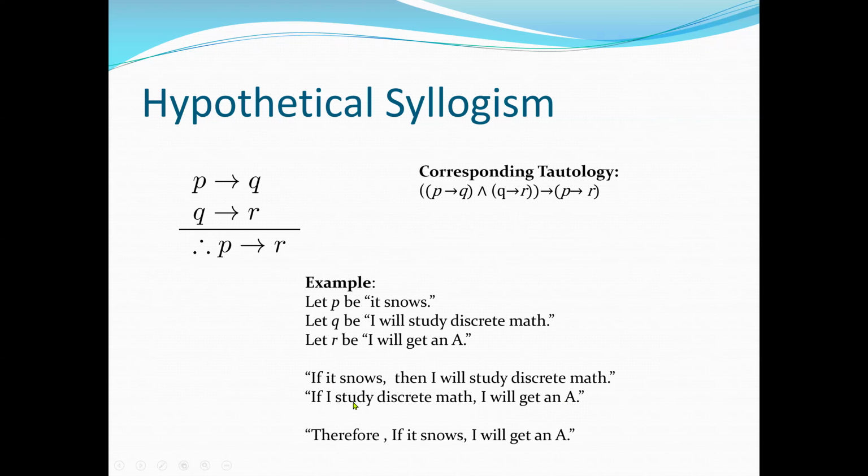Therefore, if it snows, I should get an A, because I will study discrete mathematics, and when I study discrete mathematics, I will get an A.